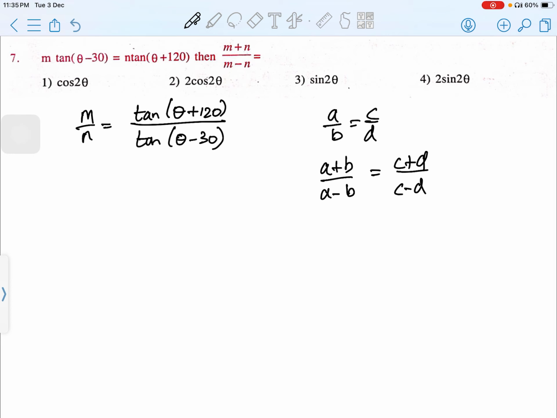So when you apply componendo dividendo, your left hand side will be m plus n by m minus n. Same thing you need to give in here also.